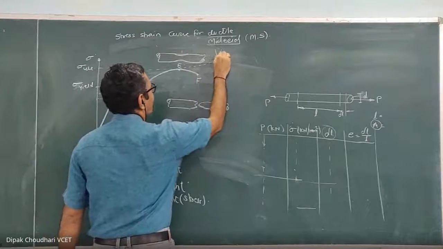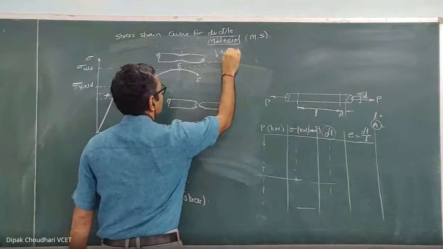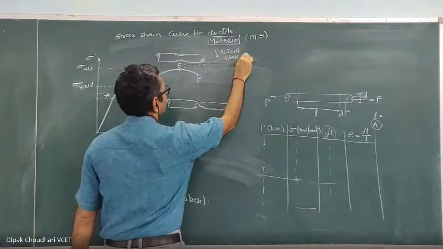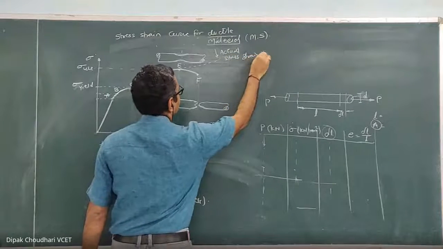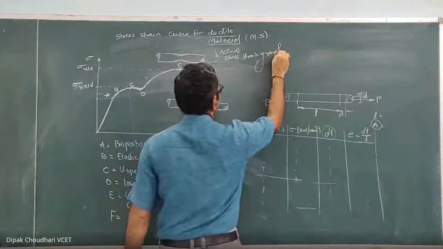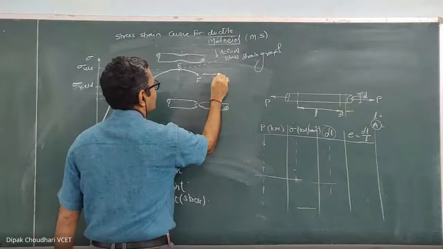This is known as the actual stress strain graph, whereas this is the engineering stress strain graph.